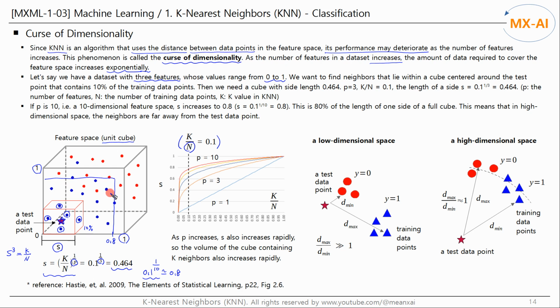This means that in high-dimensional space, the neighbors are far away from the test data point. As p increases, s also increases rapidly, so the size of the cube containing k neighbors also increases rapidly.